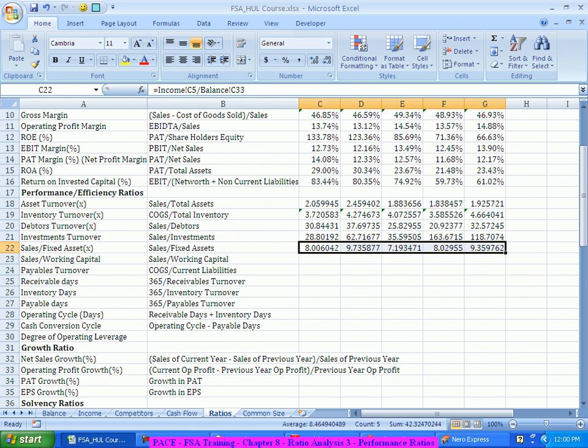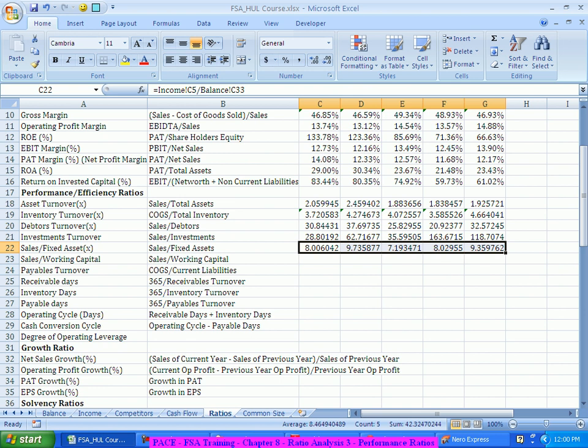Probably simply put, let's say I look at this person as a fixed asset. Right? I am paying him some salary. For that salary, for every 1 rupee of salary which I am paying to him, he is generating 9 rupees of sales. So he is put to a very good use.